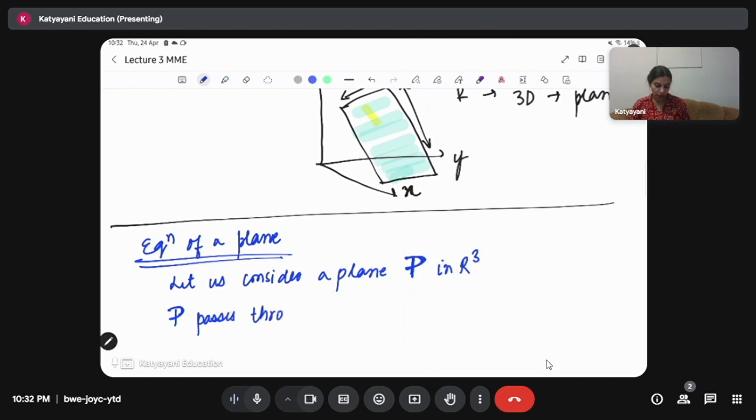So A is a point in the plane, passes through A, which is vector A, and then vector P is perpendicular to, or you also call it a normal to, the plane P, right?